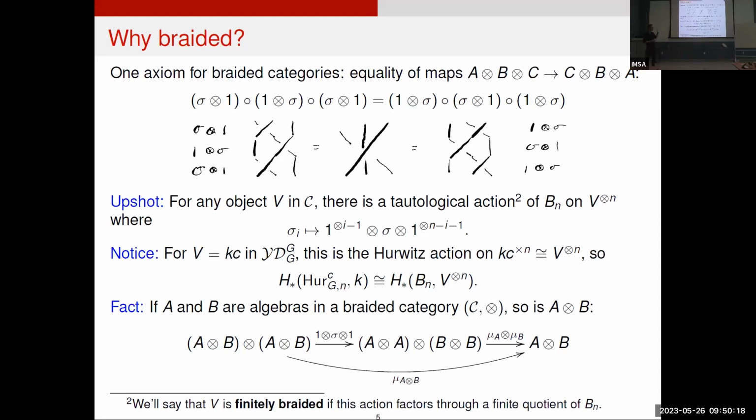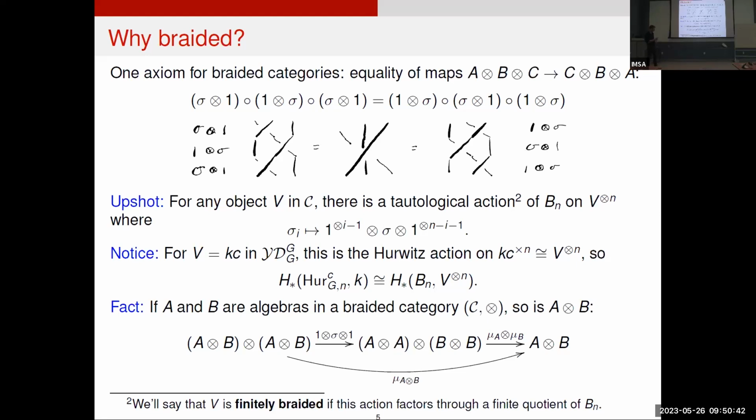Just some advance warning: I'll call V finitely braided if this action factors through a finite quotient. So this is a familiar action. Actually, the Hurwitz action is this tautological action.